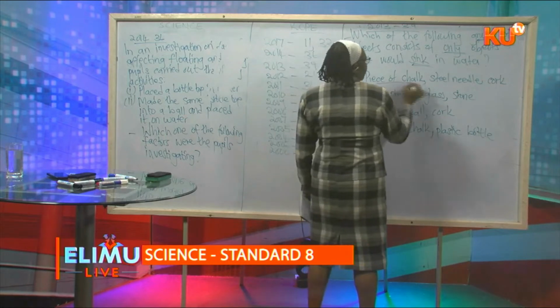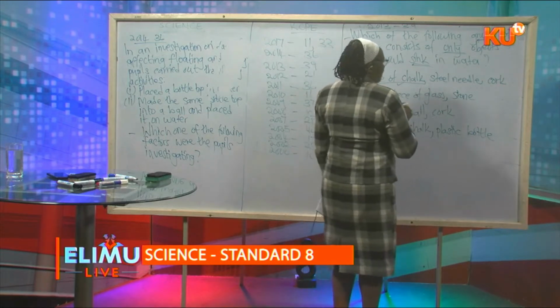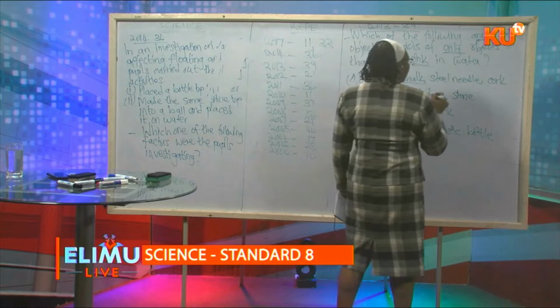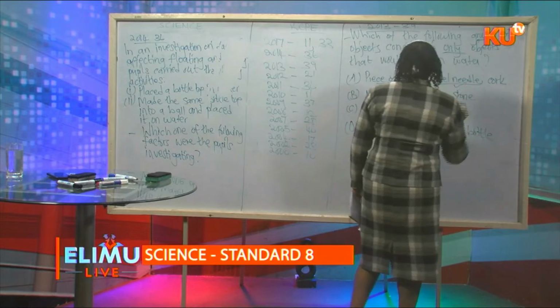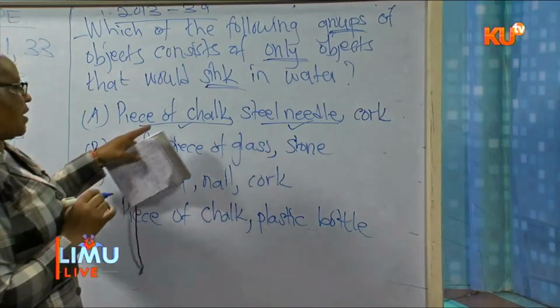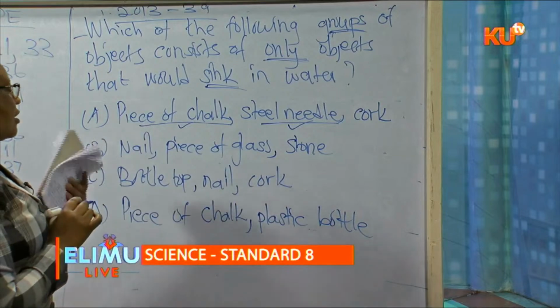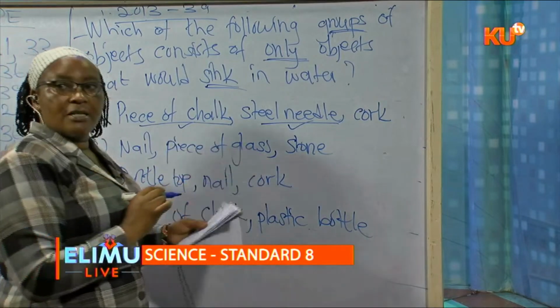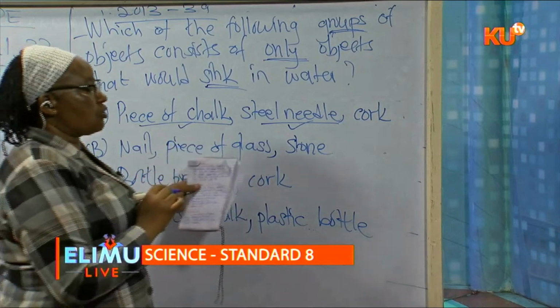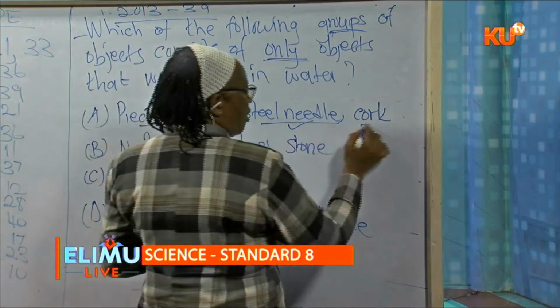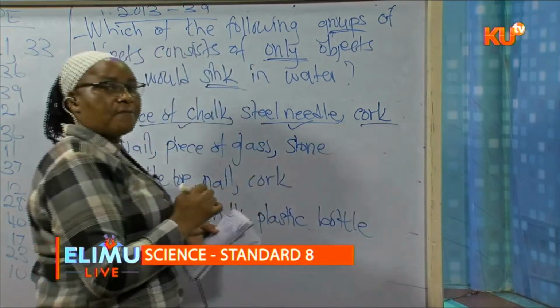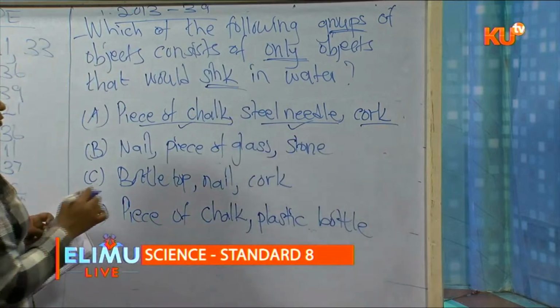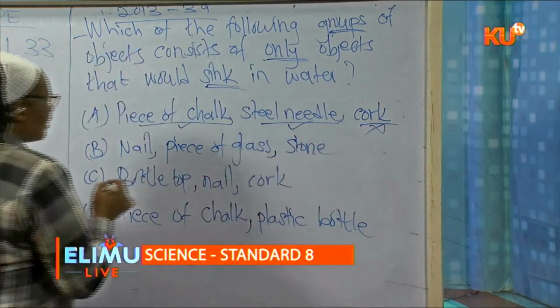This one is a sinker. We have a steel needle. This one is also a sinker. This is because of the material. Chalk will always sink. Steel needle, steel is metal, so it will sink. And then we have cork. Cork is a material that floats. So this one makes choice A out.